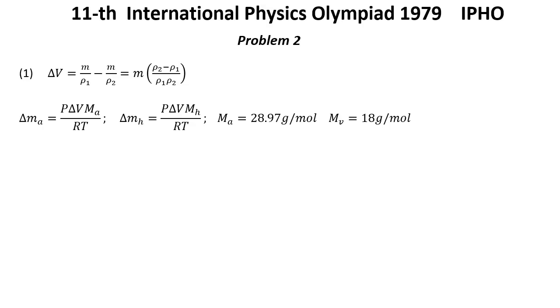Also MV is the molar mass of water vapor. So in humid air, its molar mass is equal to this expression due to proportionality.